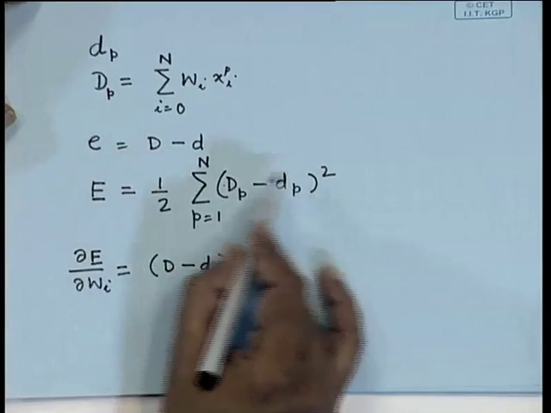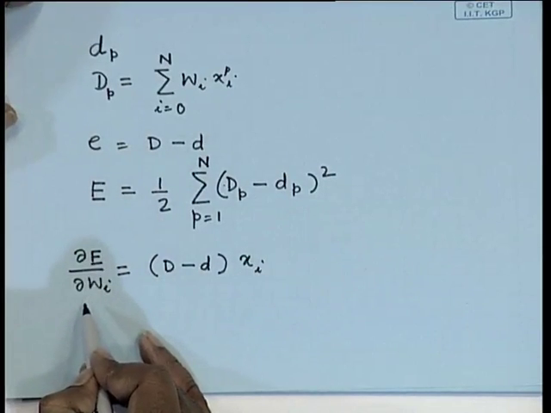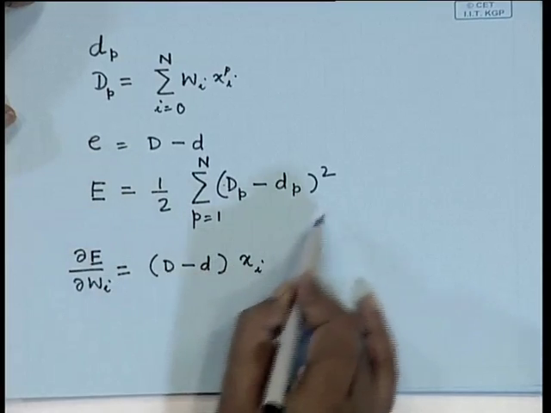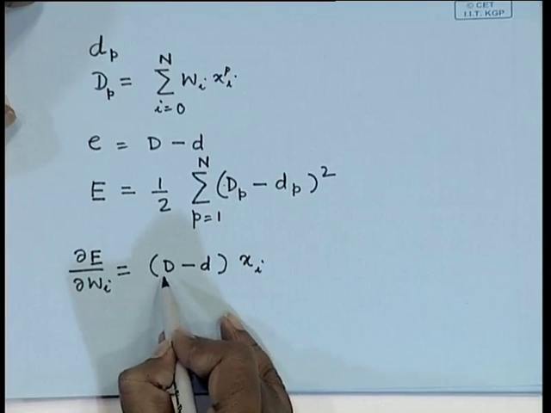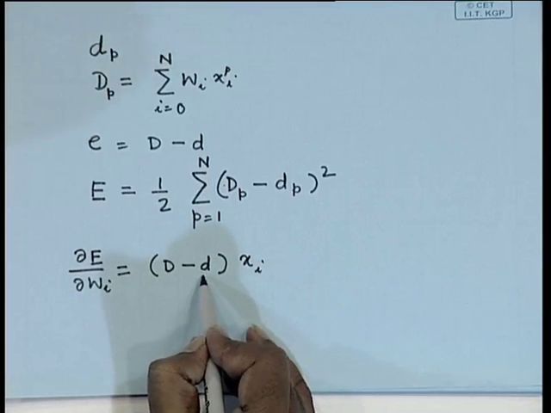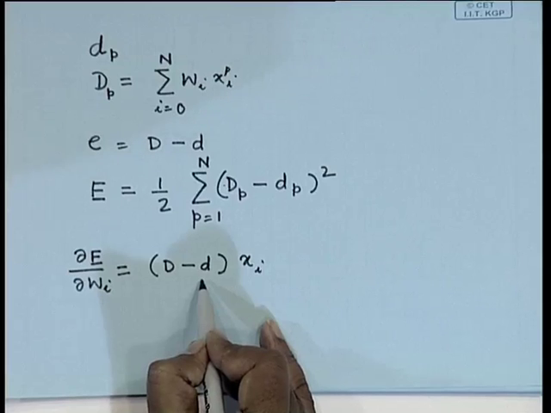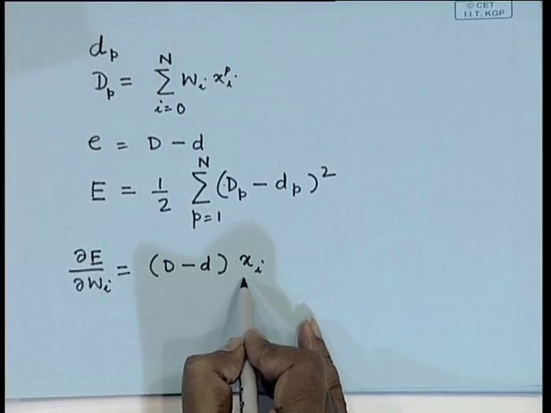If you differentiate this with respect to w i, then what I get is d minus d, where d is the actual output that I get. Lowercase d is the target output. So, d minus d is the error that I can easily compute, into x i.